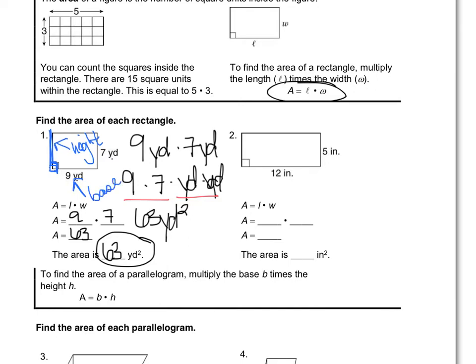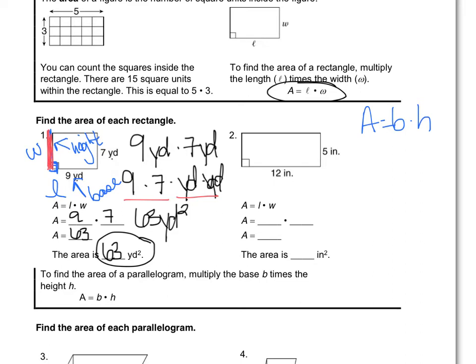This is what it's sitting on. One way that you could write the area of a rectangle is to take the base times the height. It's just that your base happens to be your length and your height happens to be your width. We can use length and width because the height of my rectangle is also a side of my rectangle.